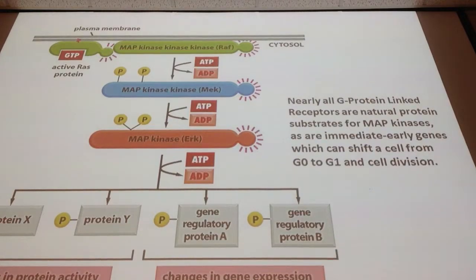So essentially, the active RAS, not RES, but RAS, will activate the MAP kinase cascade. A MAP kinase cascade is when you have a MAP kinase phosphorylating and activating MAP kinase, which in turn phosphorylates and activates MAP kinase. Each one of these is a big family, so a member of the MAP kinase is RAF1, for instance, and then a member of this is MEK, and a member of this is ERK.